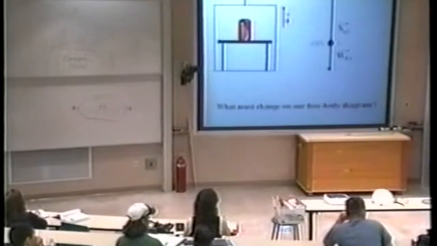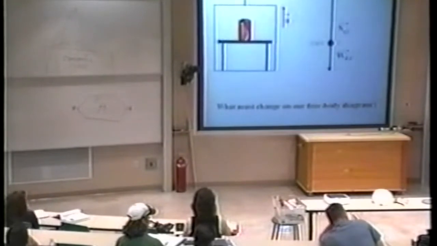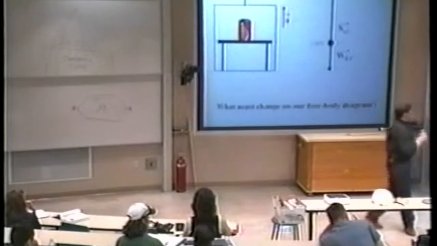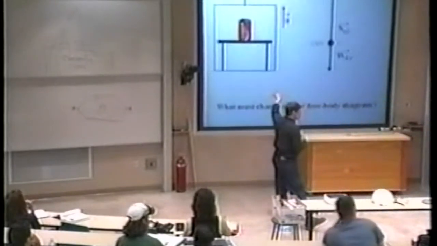I have a question now. It's kind of like the same thing with the magnet. I say that it's now, because it's in that elevator, and the elevator is what's going up, that the force is the elevator now, and not the table. Is that a contact force or a non-contact force? Contact. Okay, but the elevator's not touching the can. Through the table.